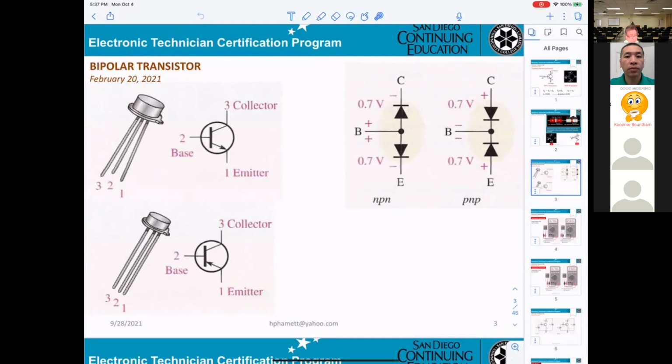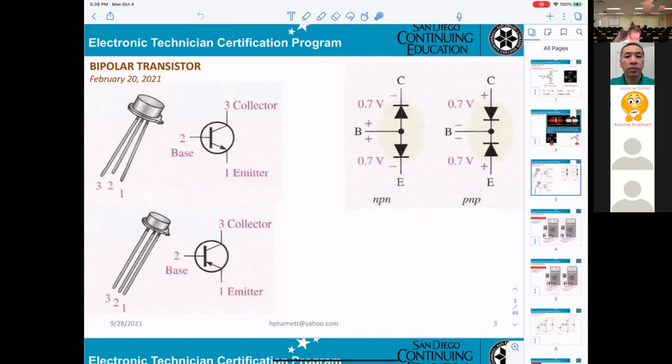The legs, I'm talking about the legs. The transistor has 3 legs. If you look at the transistor, you're able to recognize which one is what.